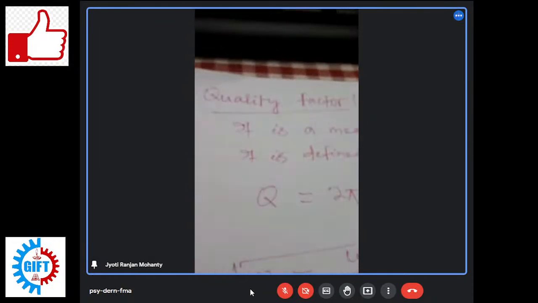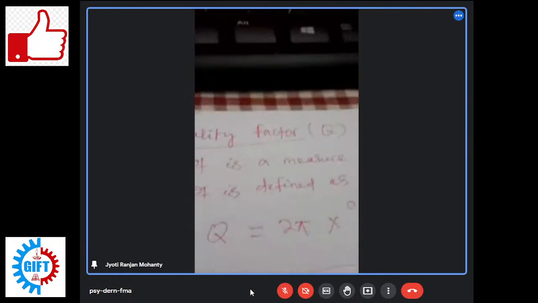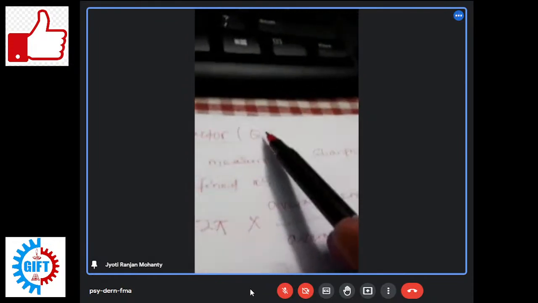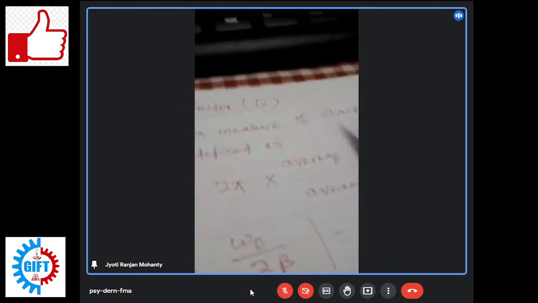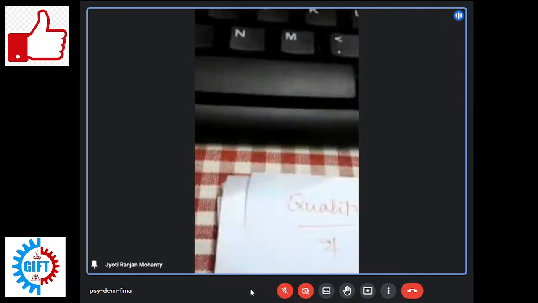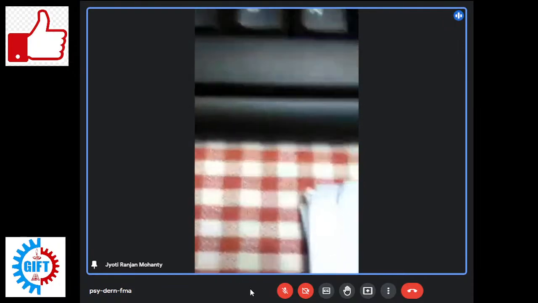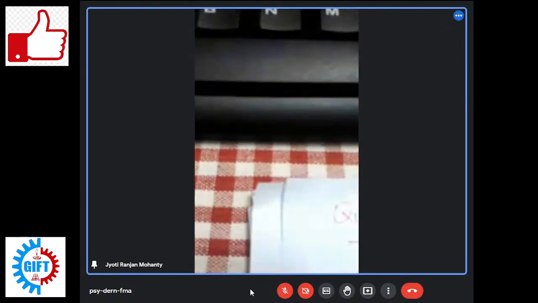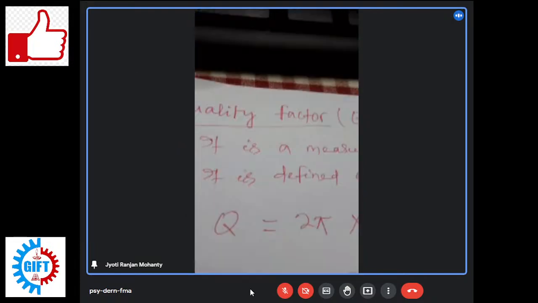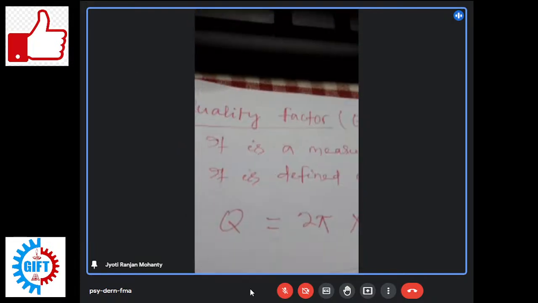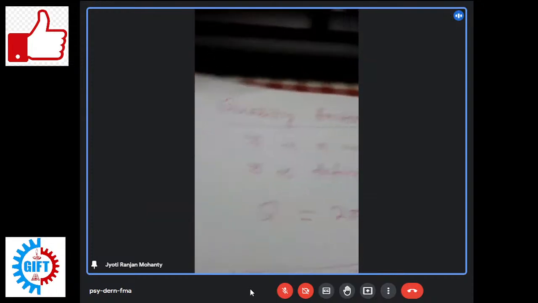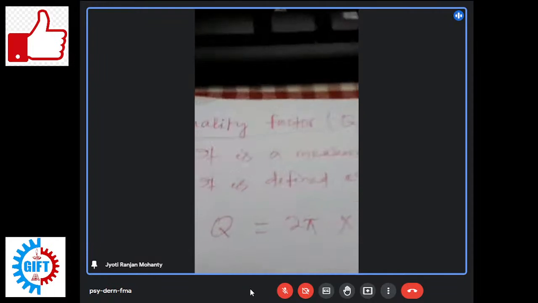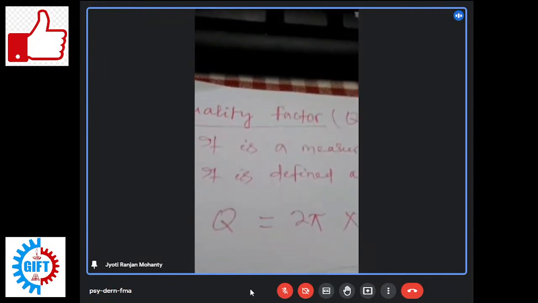Quality factor, it is symbolized as Q. It is a measure of sharpness of the resonance. In case of DHO, decrement measures the same thing; here Q measures the sharpness of resonance.